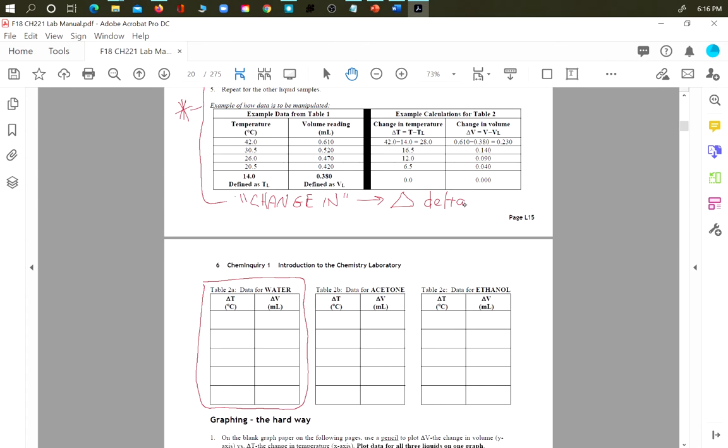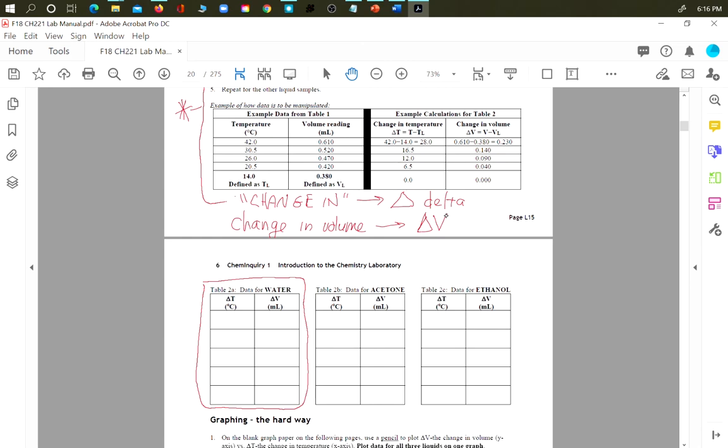So instead of writing the change in volume, which is a lot of words to write down, we instead write delta V. Now the thing that's important is when we measure variables, we always have to carry with it the units in which we made those measurements.